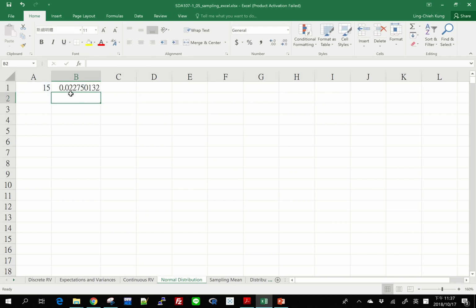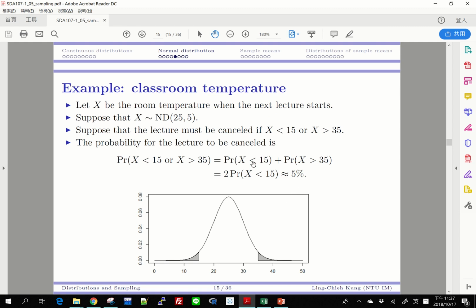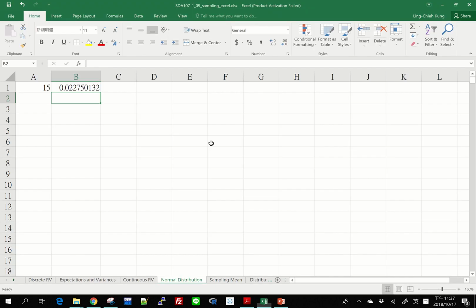Then I get about 2.2%. And we can see that indeed this is roughly 2.2% because here I have two parts, and for each part, I get about 2.5% according to this rough value. And now we see it's actually 2.2% or 2.3%.